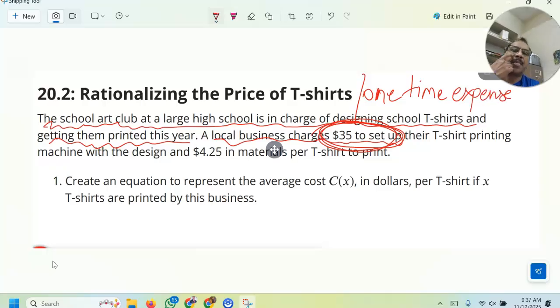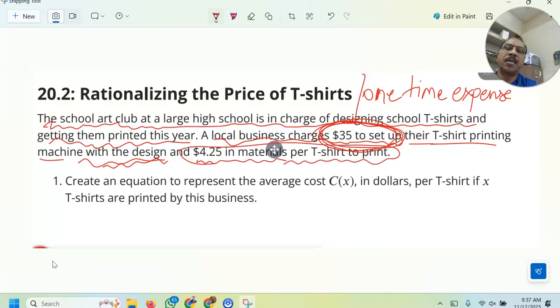That is to set up the t-shirt printing machine with the design. There has to be a logo on the t-shirt also, and $4.25 in materials per t-shirt to print. So each t-shirt costs $4.25.